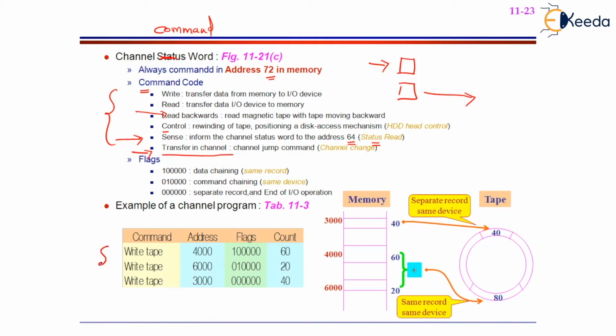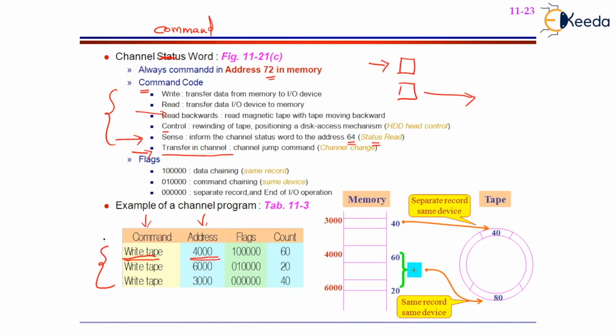There are three commands that get executed. A transfer is happening from memory to the tape. The command is write tape. So from main memory to tape recorder, the words are getting transferred. You know that the command word will have these many fields. The first one is the command field. The first command is write tape.